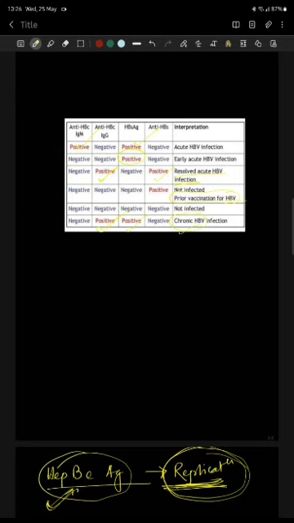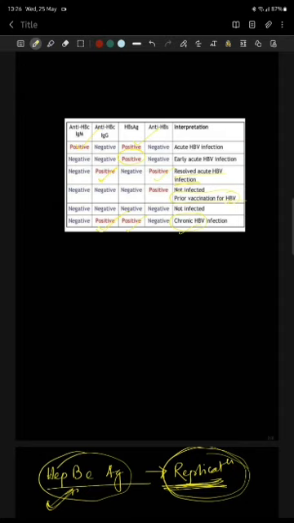The presence of the IgM type of hepatitis B core antibody signifies the person has a recent infection, and IgG type signifies the person has a chronic infection, with hepatitis B surface antigen positive along with it, means the chronic infection.